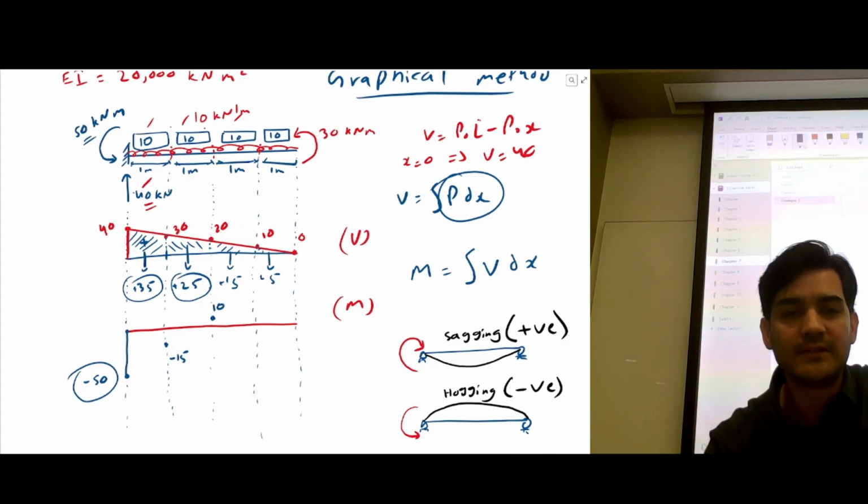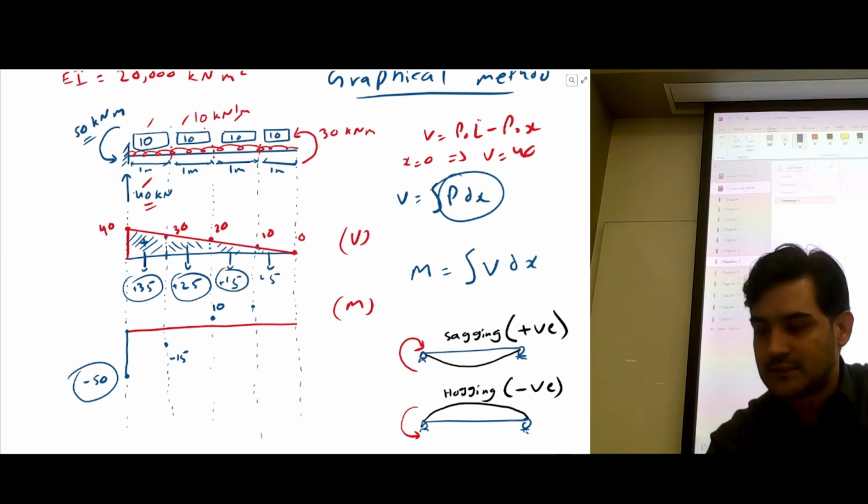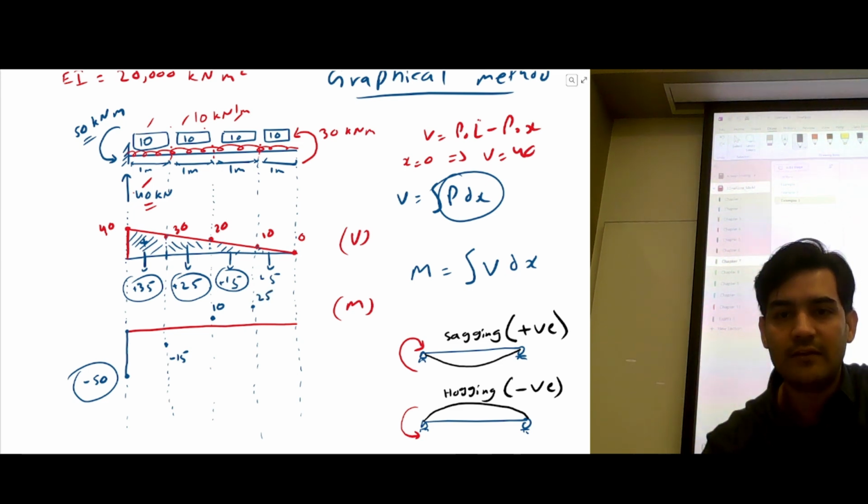Similarly, minus 50 plus 35 plus 25 plus 15 is going to give me this point, which is 25. And then if you add everything, you're going to get 30.